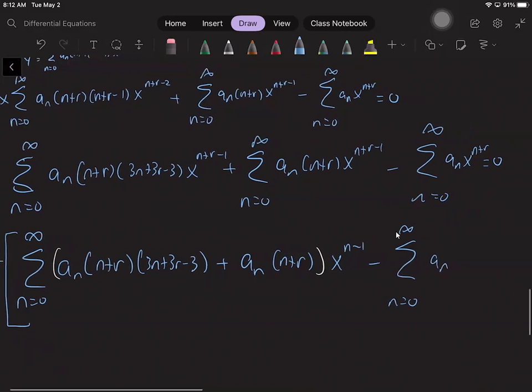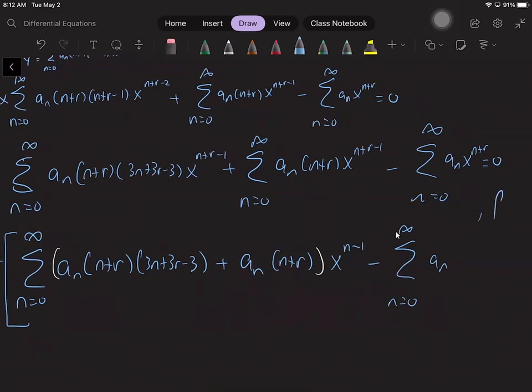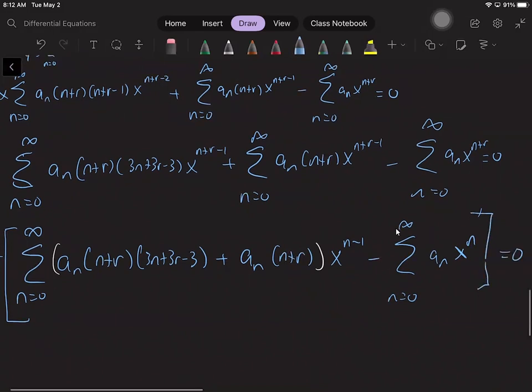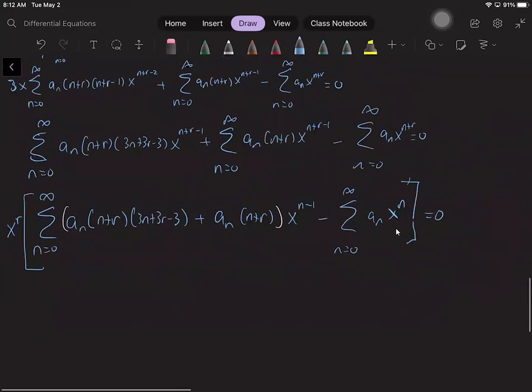Okay, sorry, my pen sometimes stops working. Oh wait, I took out the x to the r, so that's all that's left. Great, so now I have this giant thing.